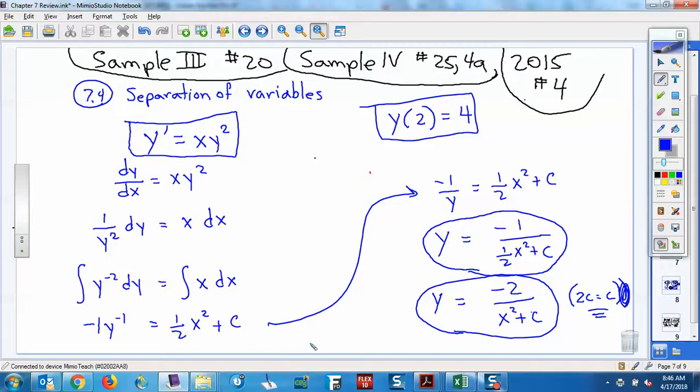On some of them, if there was an option, if I could do disc or shell or washer, I did them both on here. If there was one obvious way to do it, then I did it that way.